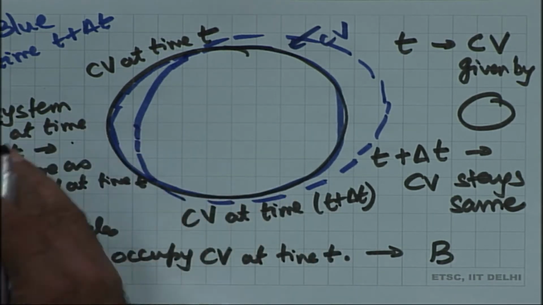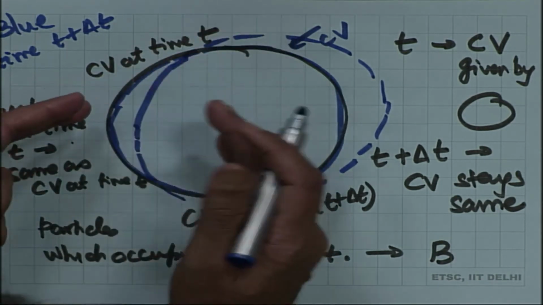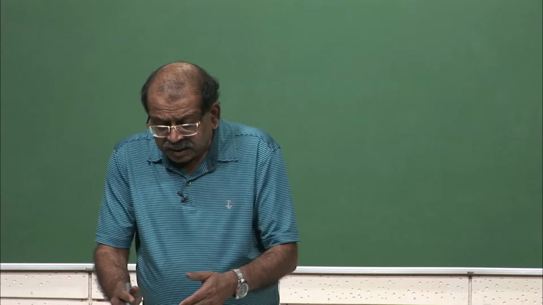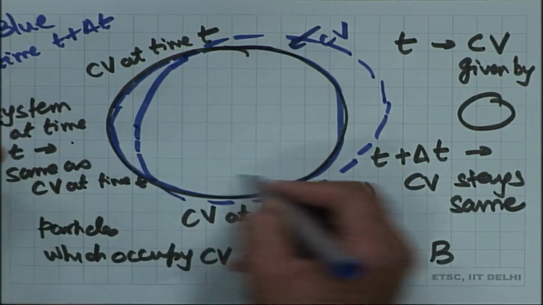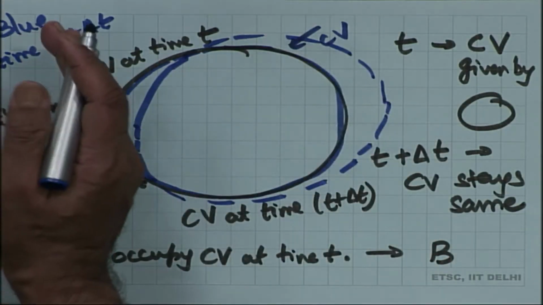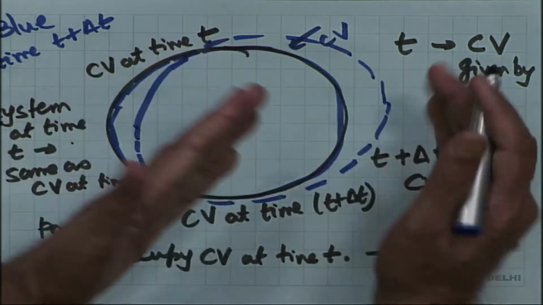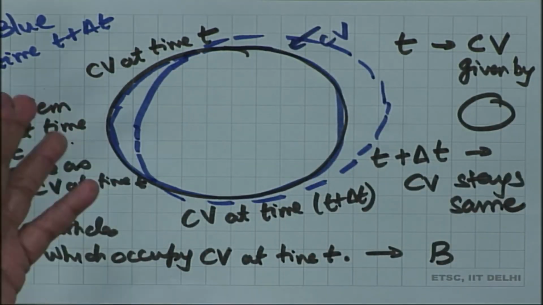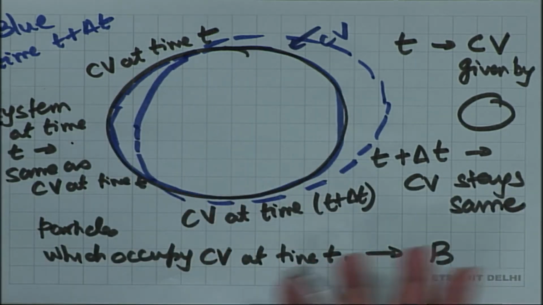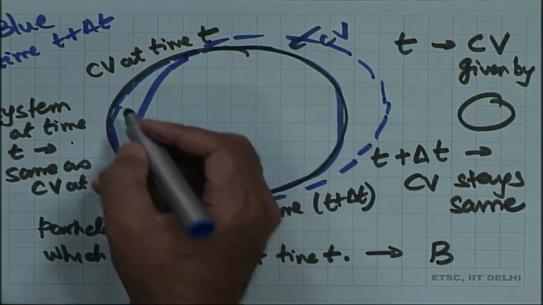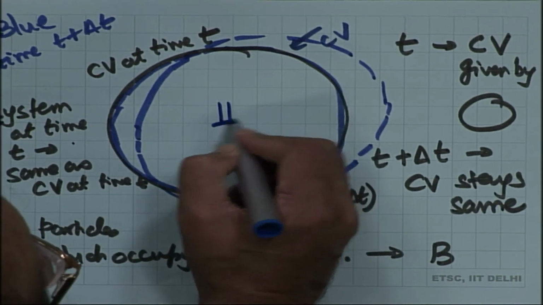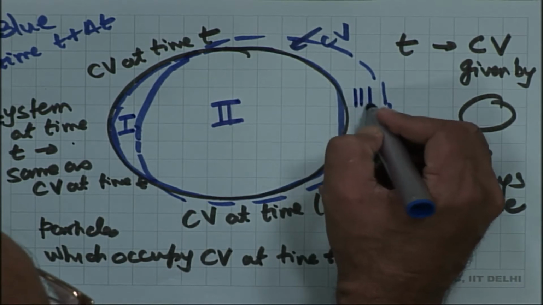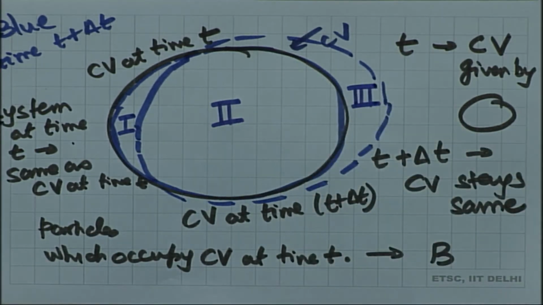Some particles will be in the control volume, some extra particles will come in, and some of this system which is there will now no longer occupy the control volume. It will go out. So, there are some particles which will go out and some particles do not stay, and in the control volume new system has come in. So, now if I call this common region as 2, I call this region as 1 and I call this as 3. Is this very clear?